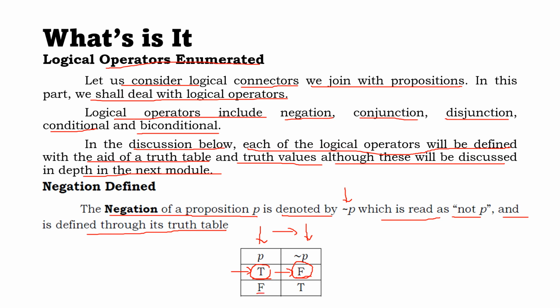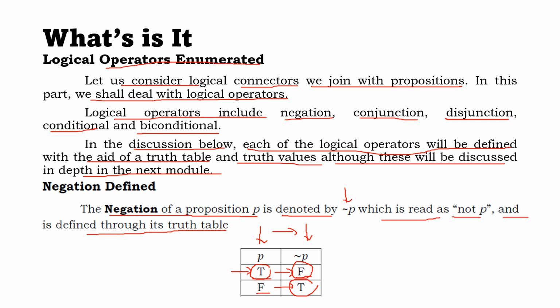If the truth value of your original proposition P is false, then the truth value of the negation of P is true. So that's how we define your negation: simply the opposite truth value of your original proposition.